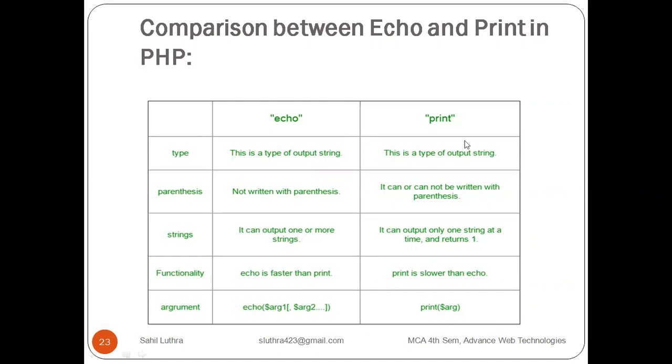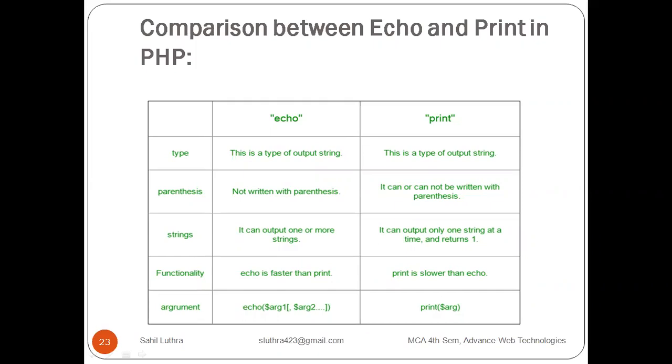After that, the next thing is print. It can output only one string at a time and returns one. Print can take only one value, but echo can take multiple values at a time. Echo cannot return any value to you, but print always returns one value to you.